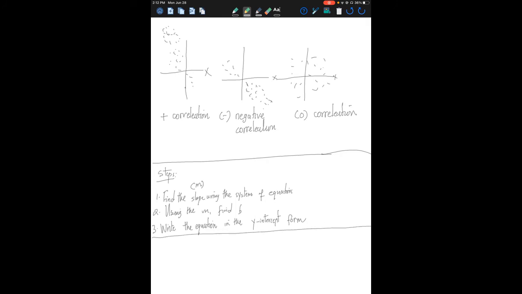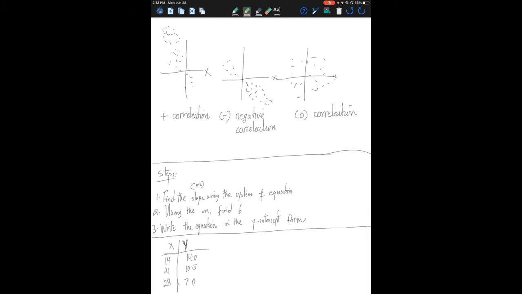So we're going to go over an example of that. Let's see, we have a table. This is a table that we have.